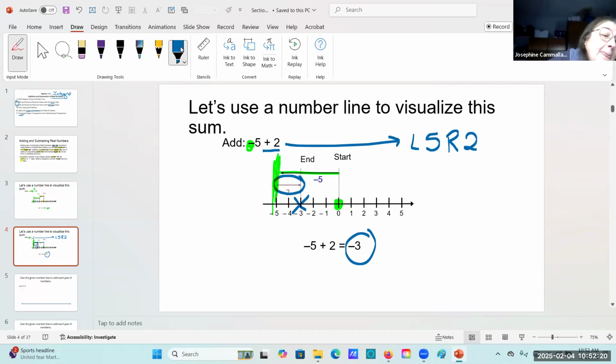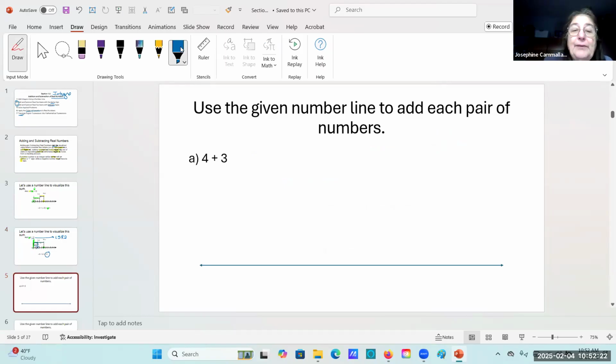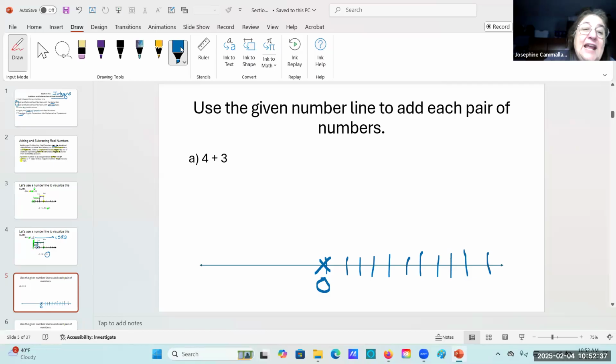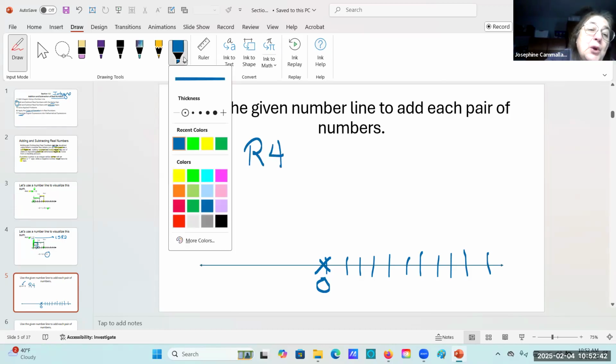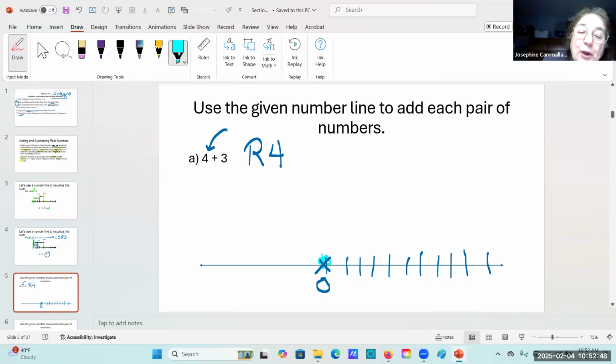Now, here's an example. Okay, this is going to start with 0. Now, this means right 4, which means from this spot, I am going 1, 2, 3, 4. I've stopped right there.